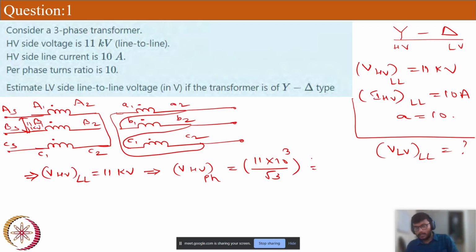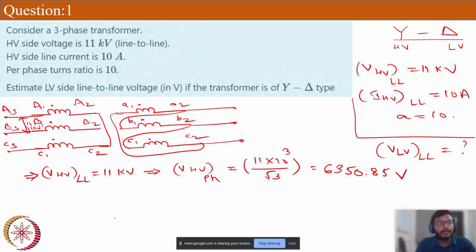Can someone tell me what the phase voltage is? It is 6350.85 volts. Please, everyone, solve with me so that I can know that my answer is tallying with yours. So we got the high voltage side phase voltage.